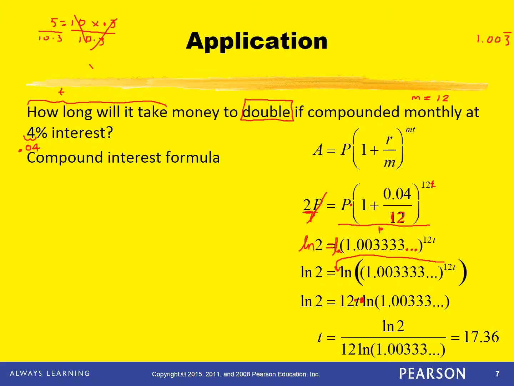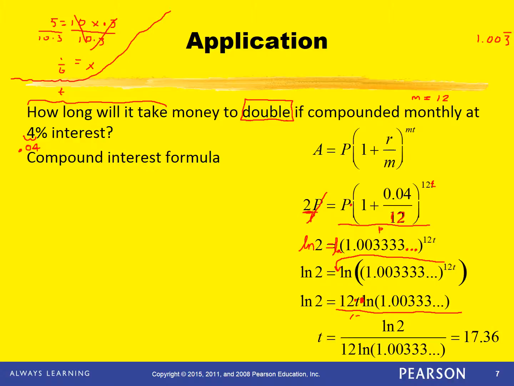Okay, and that's what we're doing here. Okay, so that's another problem that's simpler. But we're just dividing both sides by the coefficient of the variable for which we're solving, which is t.